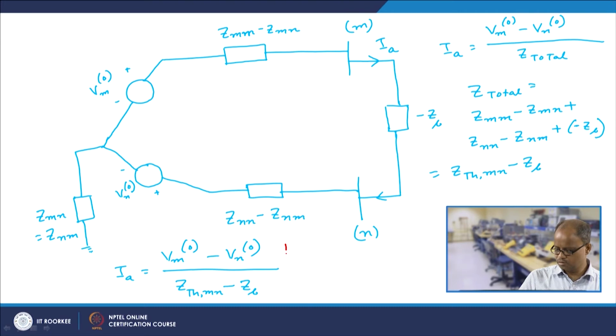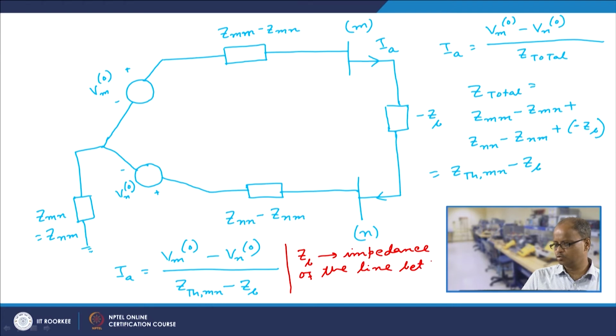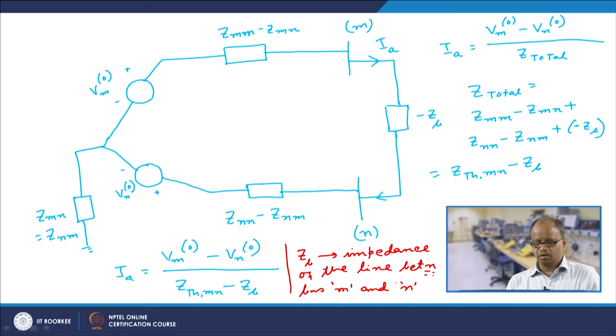So, we should also write that z_B is the impedance of the line between bus M and N. Please note that this is the impedance of the line between bus M and N, and we are simply trying to analyze the effect of the outage of this line having impedance z_B on the remaining lines. So, that is what we are trying to do.